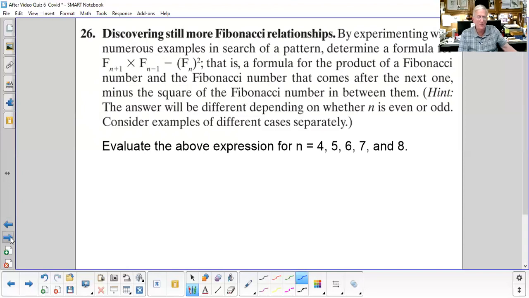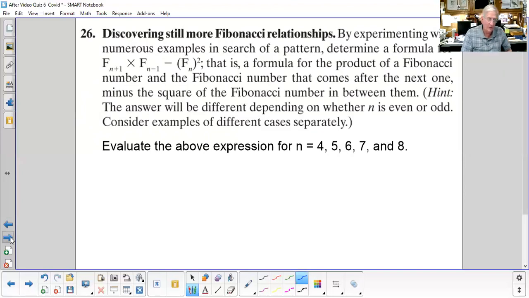That is a formula for the product of a Fibonacci number and the Fibonacci number that comes after the next one minus the square of the Fibonacci number between them. And the answer will be different depending on whether n is even or odd. Consider examples of the different cases separately for 4, 5, 6, 7, and 8.